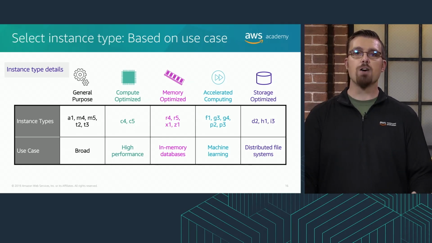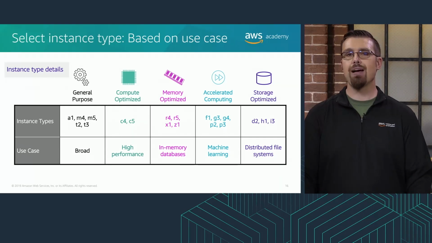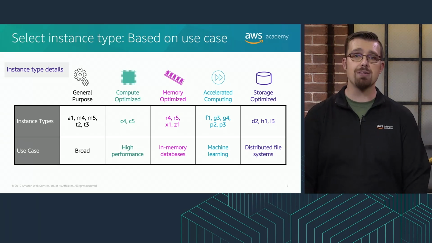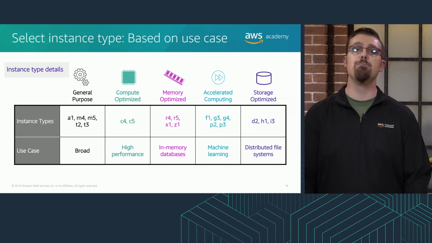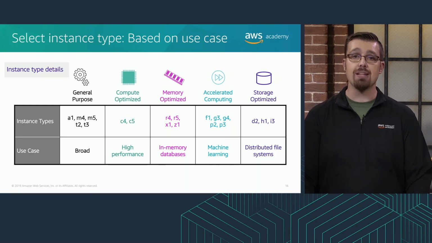T3 instances are general purpose instances that provide a baseline of CPU performance with the ability to burst above the baseline. Use cases for this type of instance include web applications, development environments, code repository, microservices, test and staging environments, and many more. C5 instances are optimized for compute-intensive workloads and deliver high performance at low price per compute ratio.